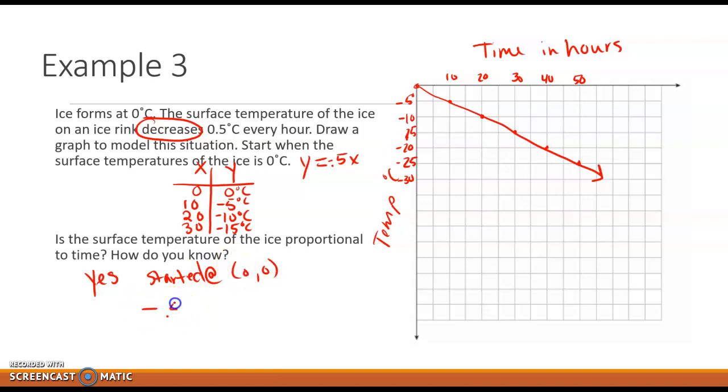And negative 0.5 degrees Celsius is our rate of change, or our constant of proportionality, whichever way you want to think of it. So yes, even though it's negative and it's going down, because we start at 0, 0, we have a constant rate of change, we are a proportional statement.